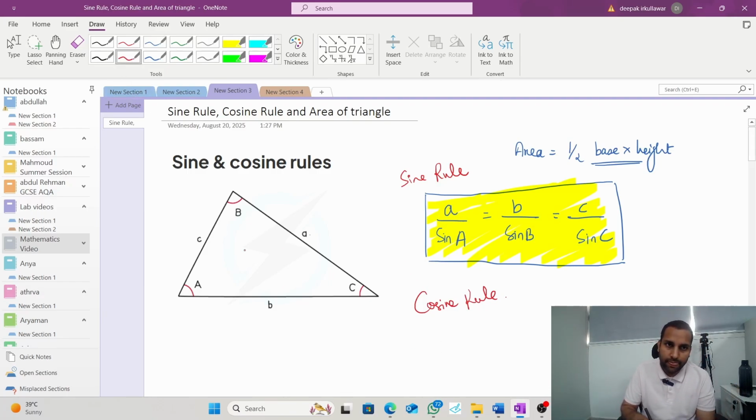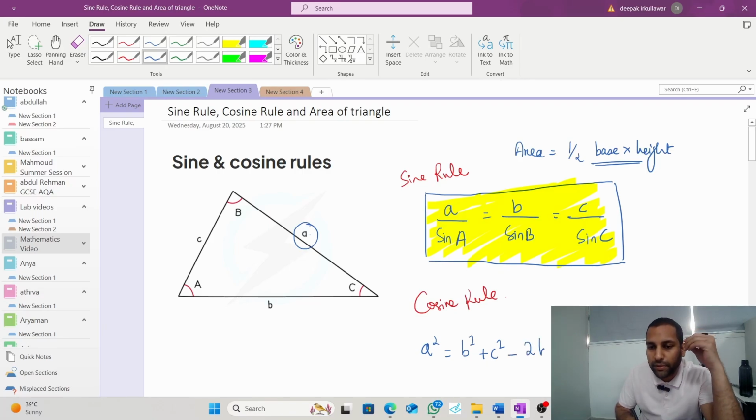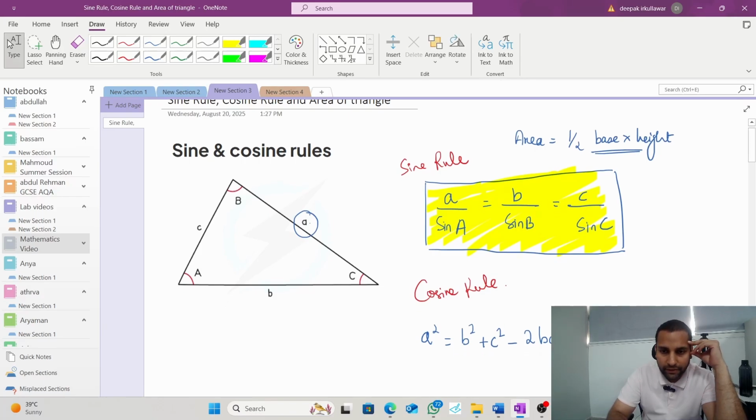It says a square, this side square, is equal to b square plus c square minus 2bc cos of A. So this is your cosine rule, but in cosine rule you can also find the other sides.